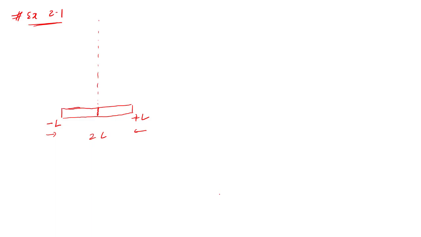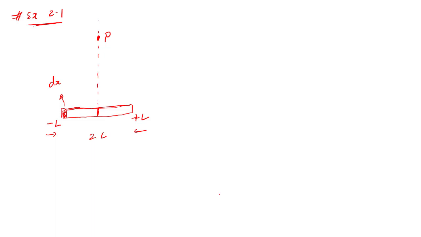So this is the midpoint of the line charge, and we are asked to find what the electric field is at this point P. To do this, remember that we can consider this line charge as if it's made up of several tiny point charges. So I can write this as a tiny element dx and sum over all these charges to get the net electric field.